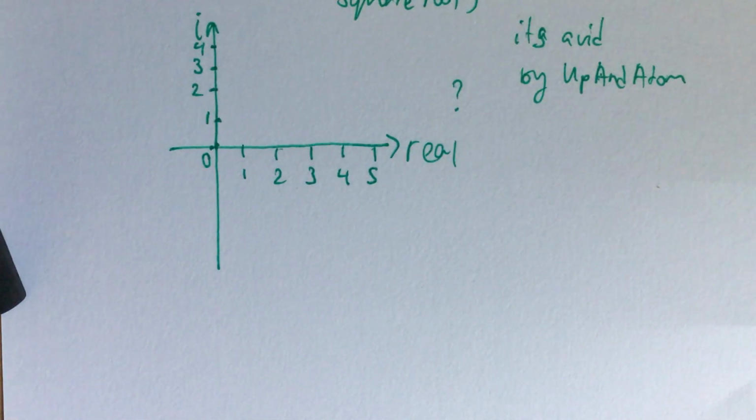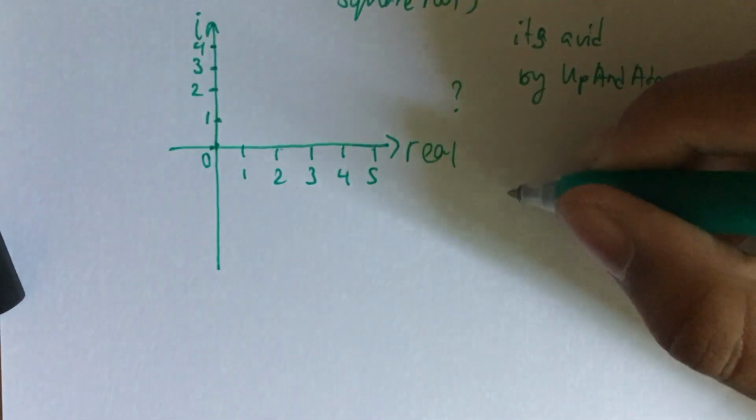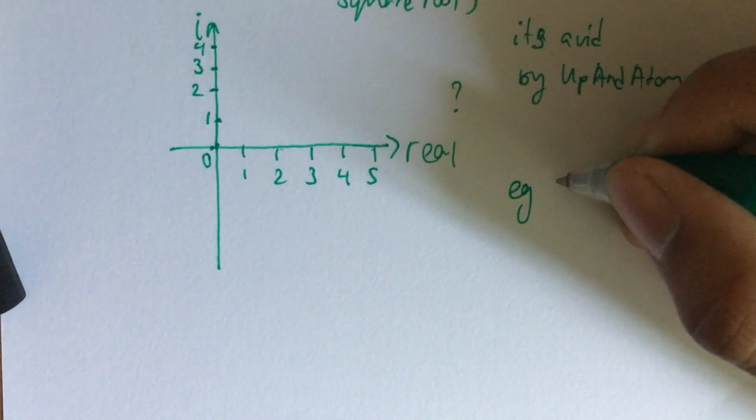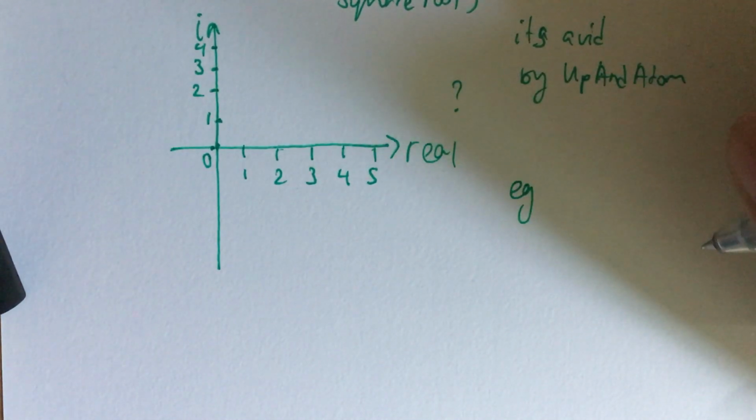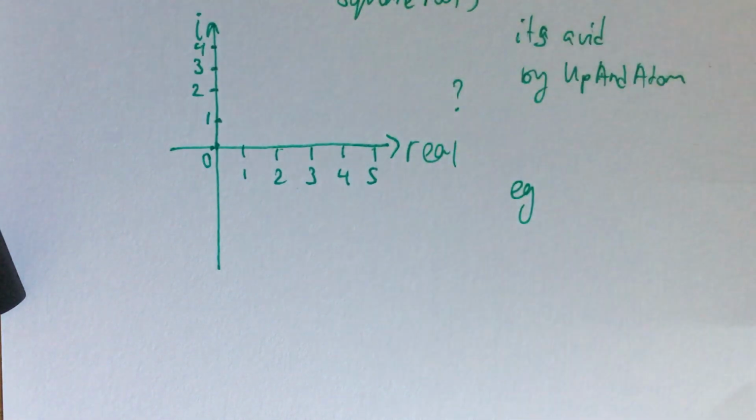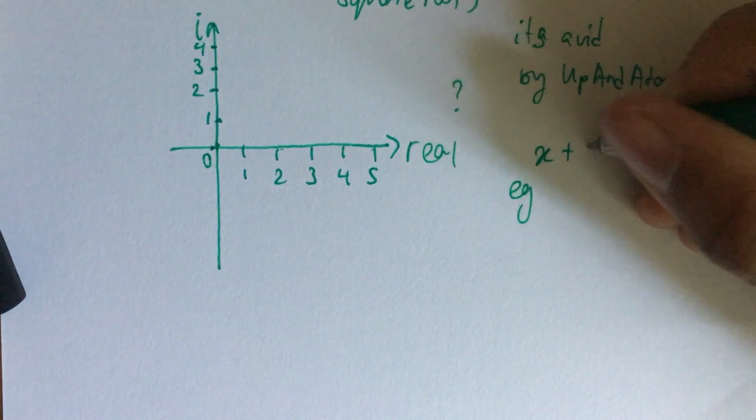So of course, now that we know that the axis is basically an x and a y axis kind of thing, let's move on to how you actually use the numbers. A complex number will have a real part and an imaginary part. A real part will be, for example, 1, 2, 3, 4, 5, a number. And the imaginary part will be a number accompanied by i. If it's 1, then you don't need to write that down, you just write i.